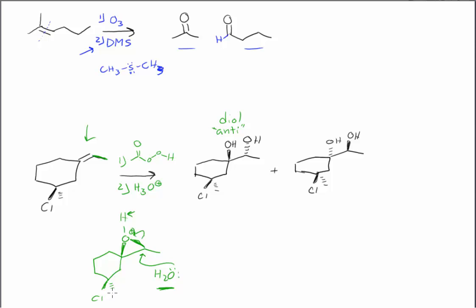These groups down here don't really play a role, they're just there as distractors. So the water attacks the more substituted carbon with the idea that that's going to have the greater partial positive charge. So that's where we get the anti-stereochemistry from. We're sort of doing backside attack on this more substituted carbon, and that gets us the anti-stereochemistry here.